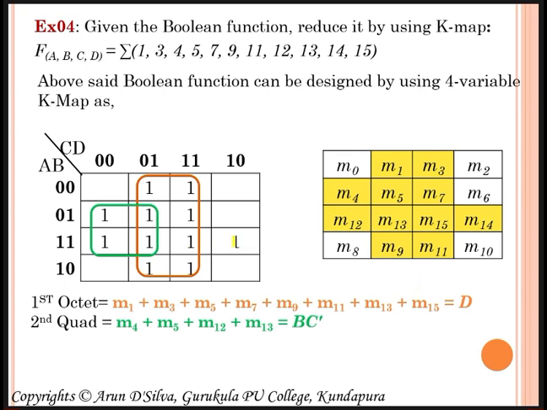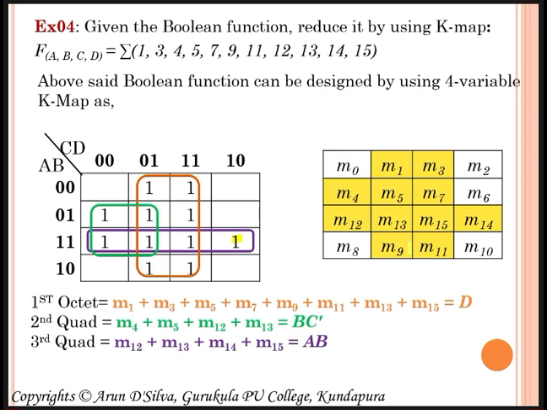Now in the K-map, only this one is left out. Now what to do with this one? If you see the whole row, we can make it as one more quad. That is specified in the purple color as a quad. Now this quad consists of M12, M13, M14, M15 min terms. Here this quad belongs to a single row, so A and B value remain the same, that is 1, 1.